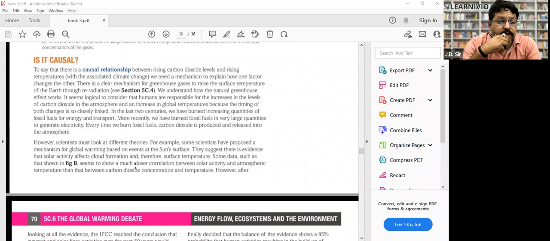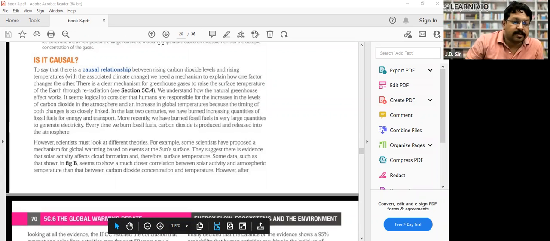We understand how the natural greenhouse effect works. It seems logical to consider that humans are responsible for increasing the level of carbon dioxide in the atmosphere and the global temperature, because the timing of both changes is so closely linked.